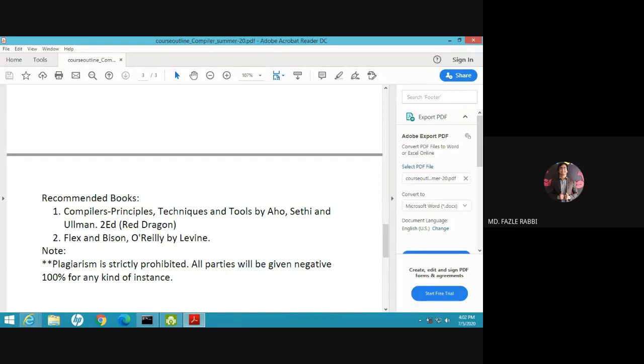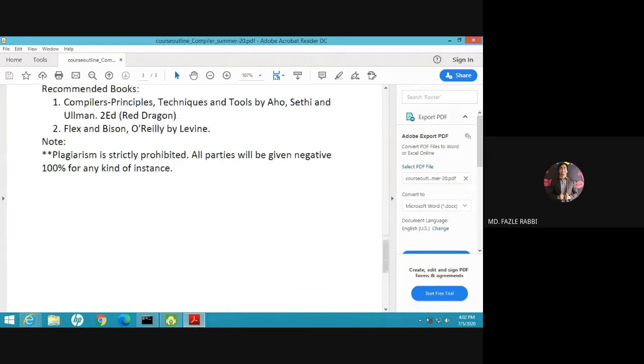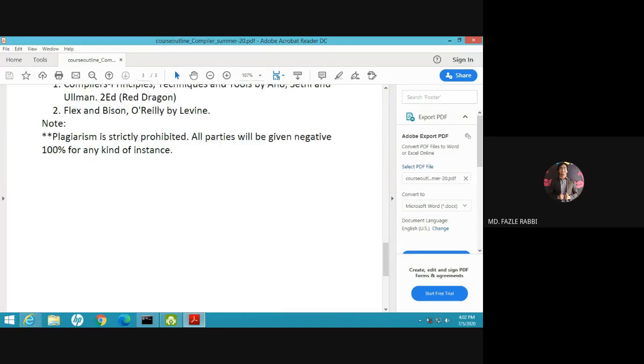Okay, now let's come to the last and most important part of the course outline. Plagiarism is strictly prohibited. All parties will be given negative 100% for any kind of instance. Did you get any change from the last semester about this notice? Tell me. Last semester, what is written here?